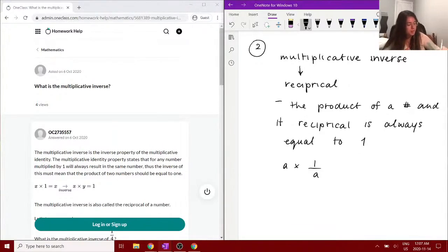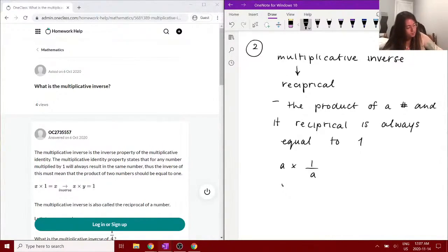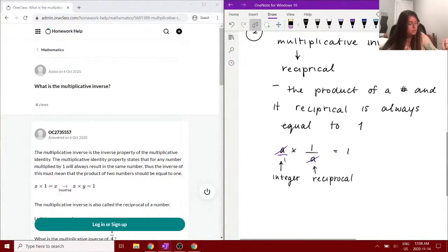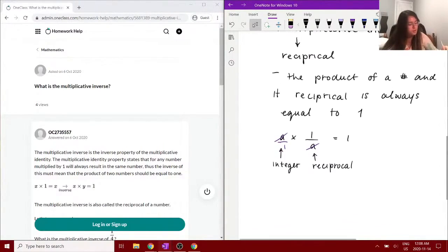So here we have an integer, and here we have its reciprocal, and this is always equal to 1 because essentially you can imagine it as canceling each other out, right? And if you have 1 in the denominator here, you're left with 1 over 1, or just 1, right? So the product of a number and its reciprocal is always equal to 1.